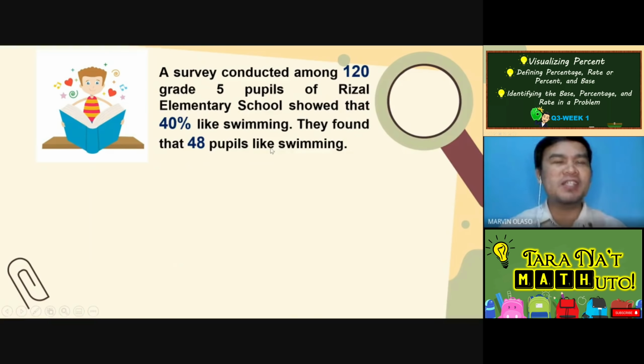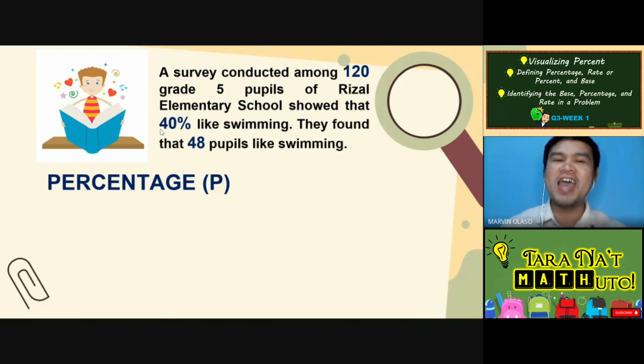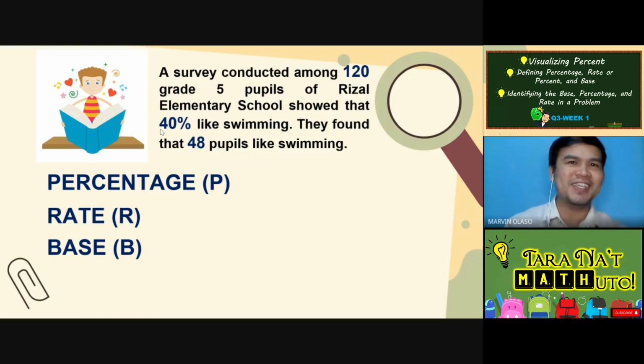Based on what we have discussed, can you identify the percentage, rate, or percent, and base? Okay. Try to identify. Alin ba dyan ang percentage? Alin ba dyan ang rate? Alin ba dyan ang base?